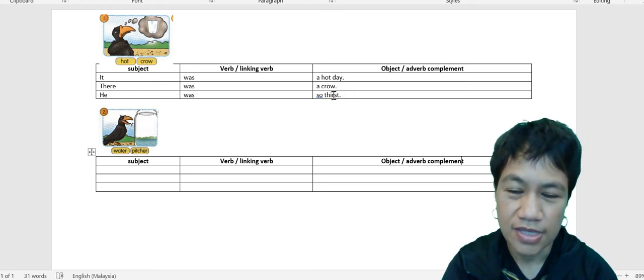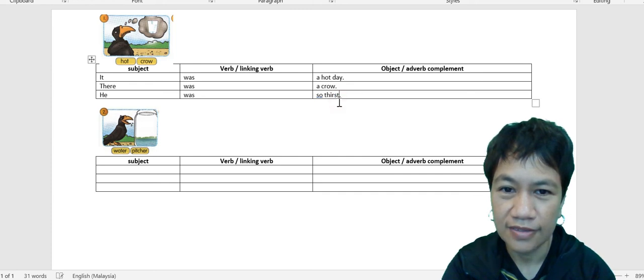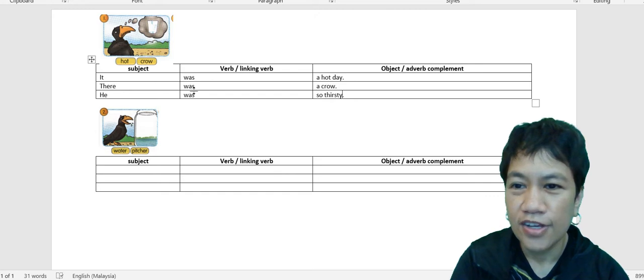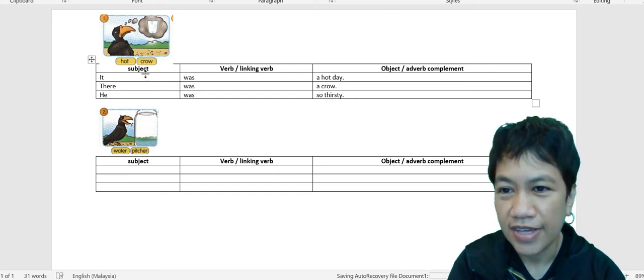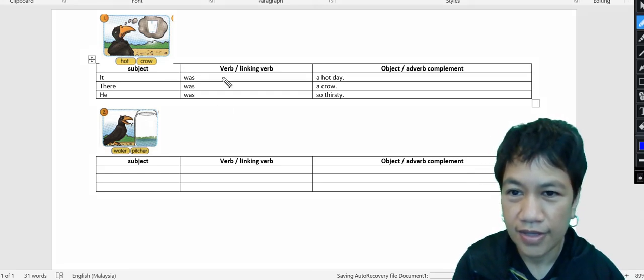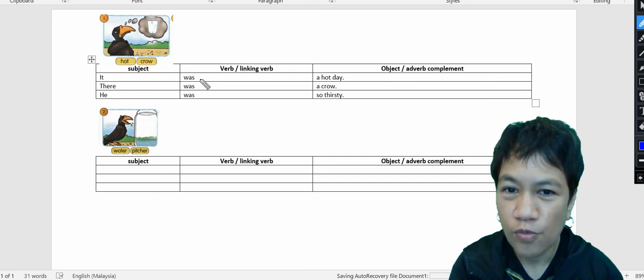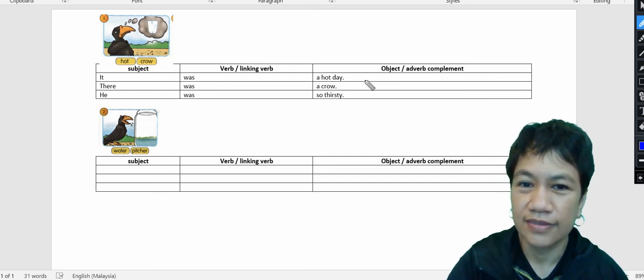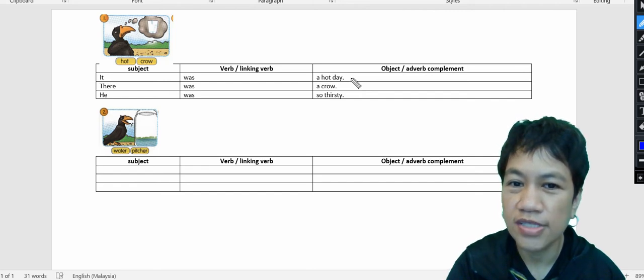Sorry, not thirst, it was thirsty. So the subject is it. It refers to the crowd, the first one. And then the linking verb, was. Okay, object or complement, describing the day: it was a hot day.